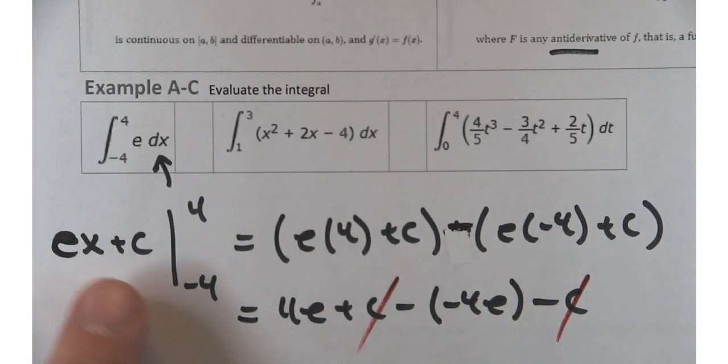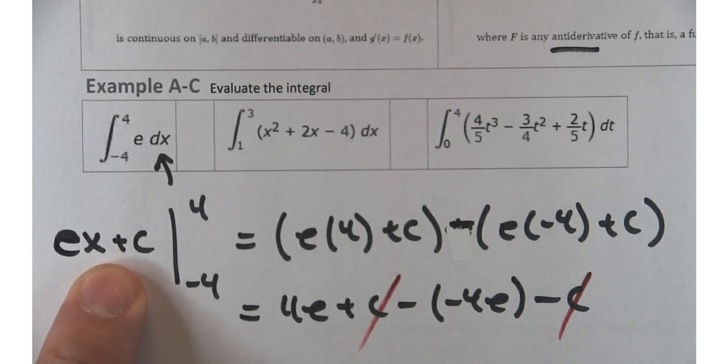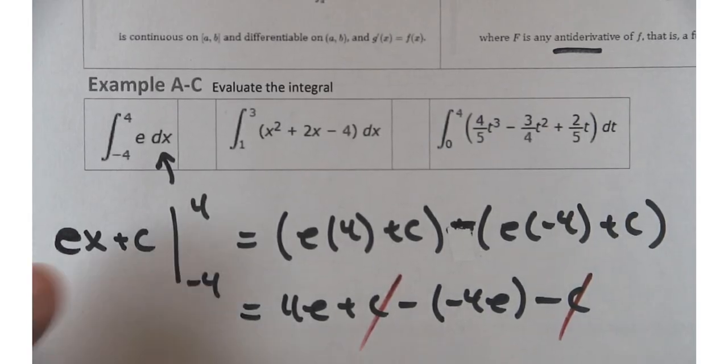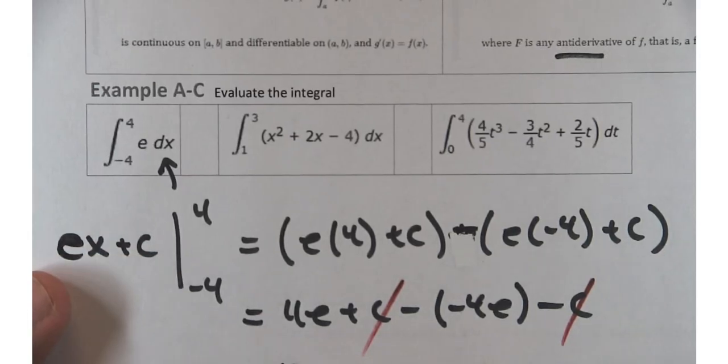So when you come up with the antiderivative, you don't need to actually worry about that constant of integration. So you can just ignore it. So what are we left with? We're left with basically 8e. You've got 4e plus 4e, which is 8e.